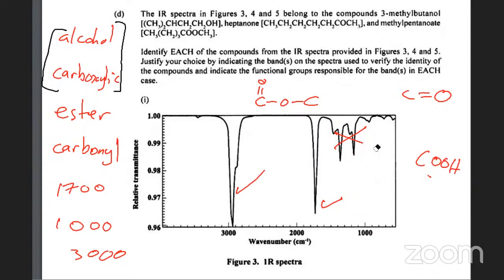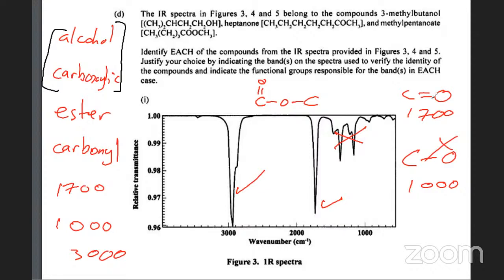Since it is absent, it means that we don't have any C single bond O. This one is for something close to 1000, and this is something close to 1600, 1700. So this one is there, but this is not there. That should tell you that you have a carbonyl group.